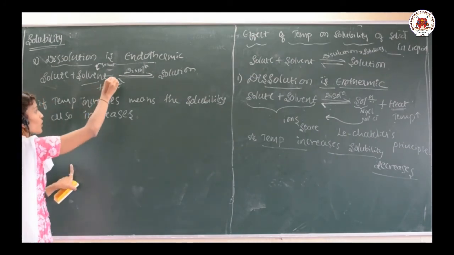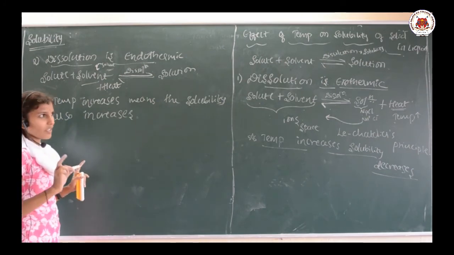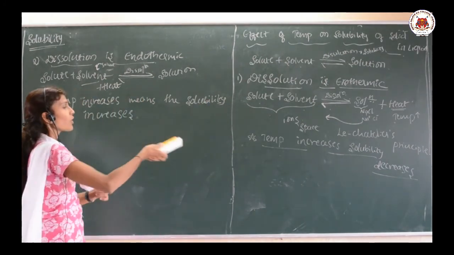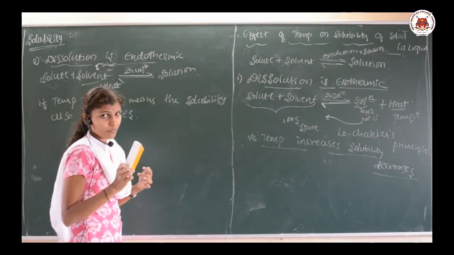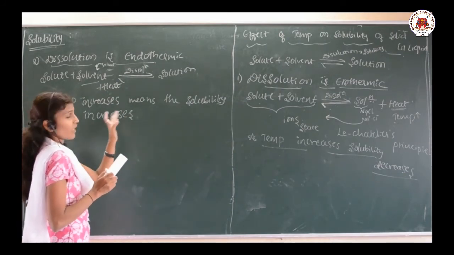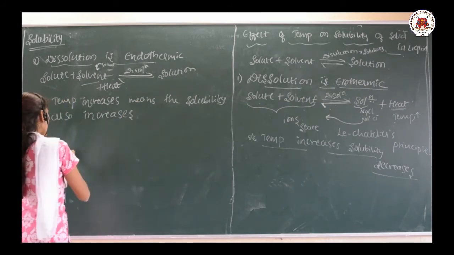So, the solubility increases as the temperature increases. Very important: when the dissolution is exothermic and I increase the temperature, solubility decreases. But in case of endothermic, if I increase the temperature, the solubility increases. Clear? So, these are the two cases we have discussed.